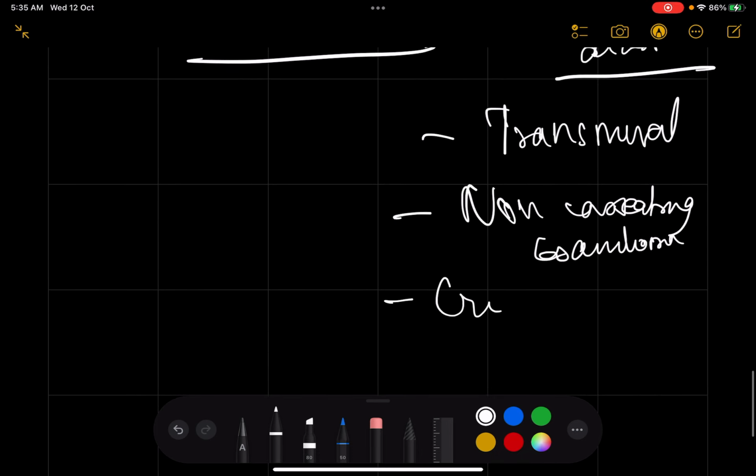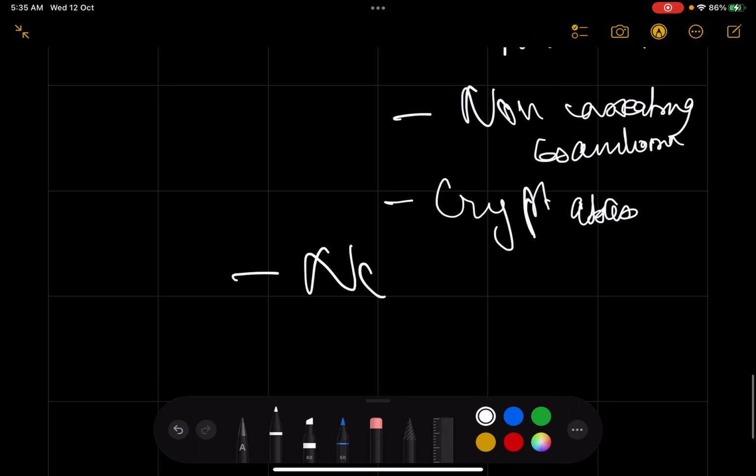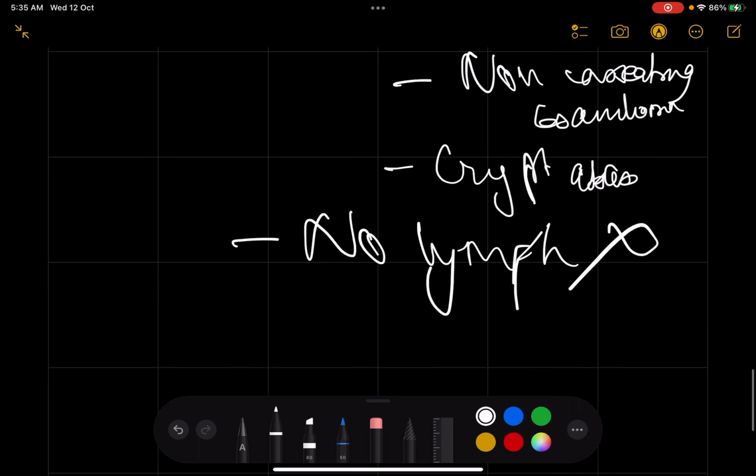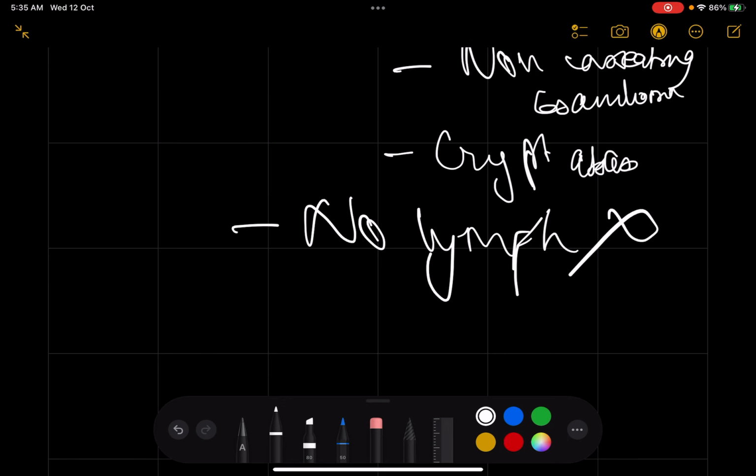Also, you can see crypt abscesses. In ulcerative colitis, crypt architecture was lost. Here there is lymphoid aggregate, that's very important. And pyloric metaplasia may be seen, and I think that's about it.